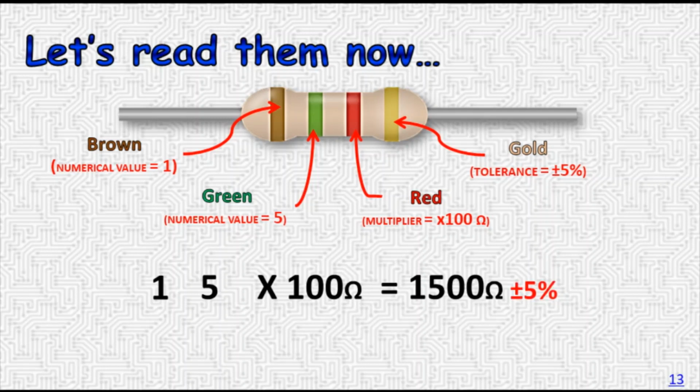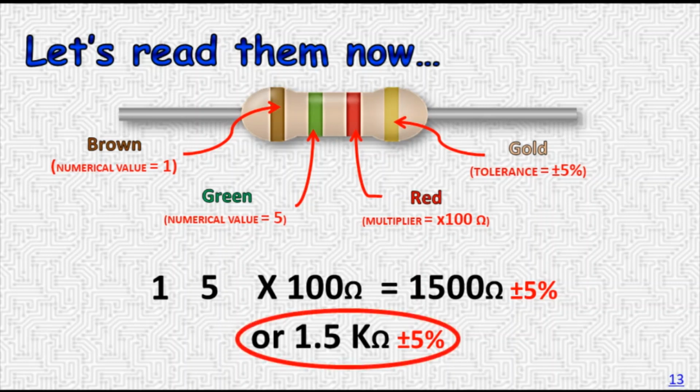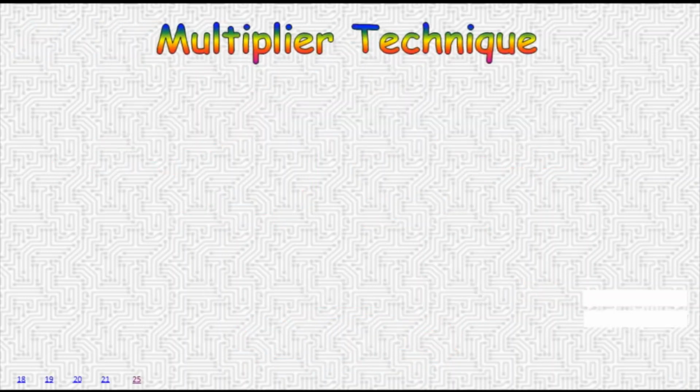Or, dahil 1,500 yan, yung ating 1,500 ay isi-simplify natin as kilo, kasi 1,000 na siya, no? Or 1.5 kilo ohms. Positive, negative 5%. Yan ang ating value ng resistor na yan. Maliwanag po ba? Madali po bang intindihin? Okay, hanap pa tayo ng ibang sample mamaya.